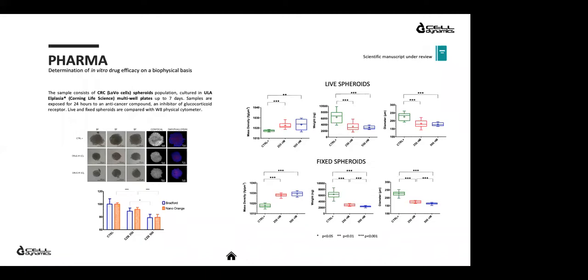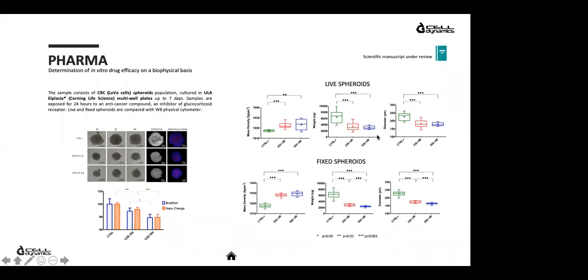What is really interesting regards the mass density. Treated samples show a statistically significant increase in the mass density compared to the positive control. And this is mainly due to this sample collapse.